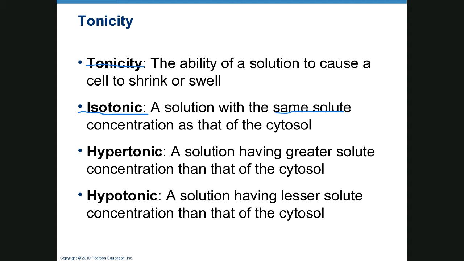If it's hypertonic, the solution has a greater solute concentration, too much, too strong, and so water's sucked out of the cell. Hypotonic solution: the solution has less solute, so water will go into the cell.